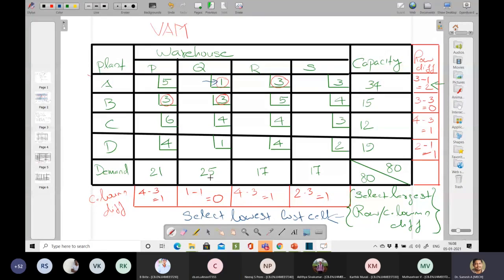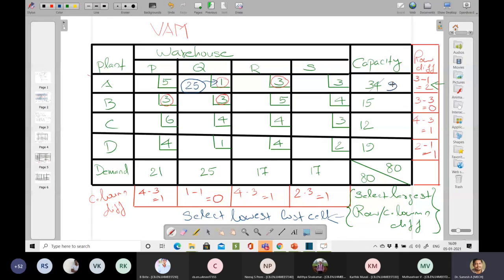I can give the allocation of 25 over here, so the balance 34 will change into 9. And what will get eliminated? Q will get eliminated.